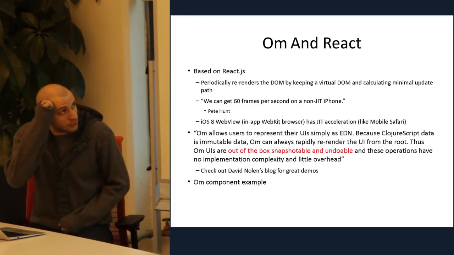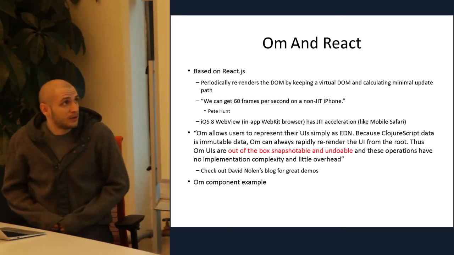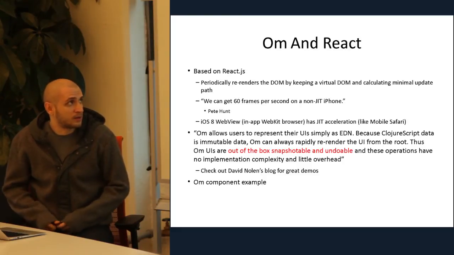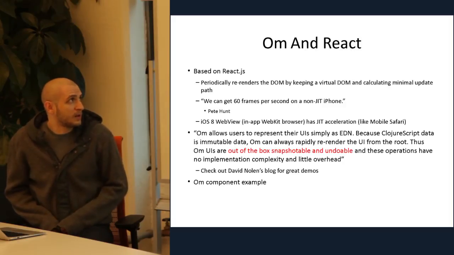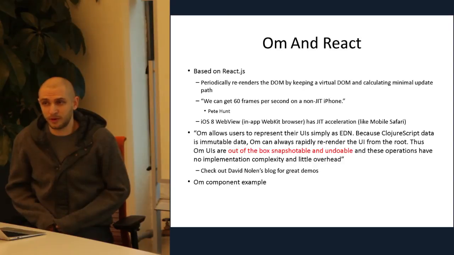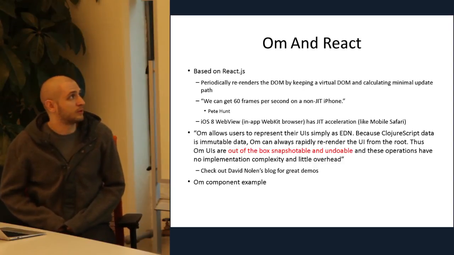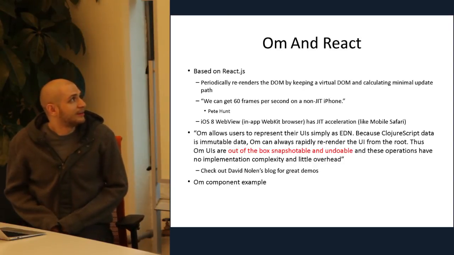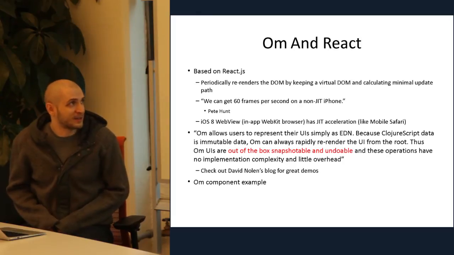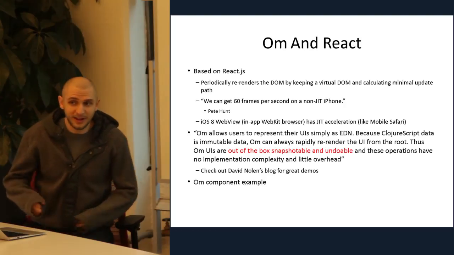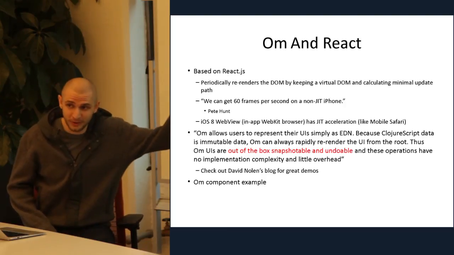So it keeps a virtual DOM, and anytime it wants to make an update, it calculates a minimal update path, and it tries to optimize things that way. And Pete Hunt, a fellow I found on the internet who talks a lot about React.js, so I assume he's really involved with the project, says they can get 60 frames per second on a non-JIT phone. And see, this is proof that I knew about iOS 8 having JIT.